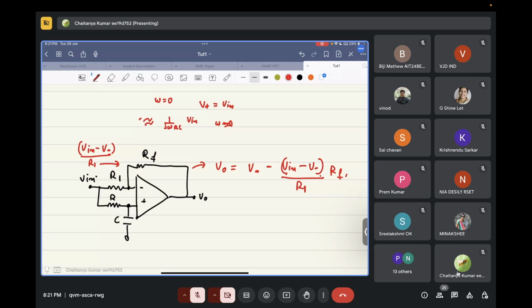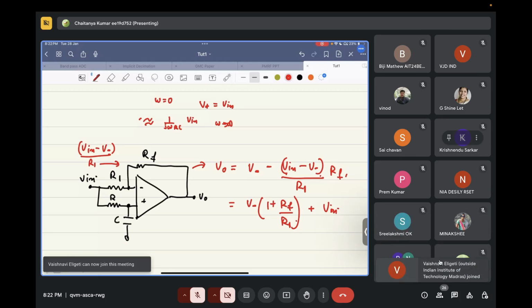So basically what we will have is V minus times 1 plus RF by R1 minus Vin times RF by R1.